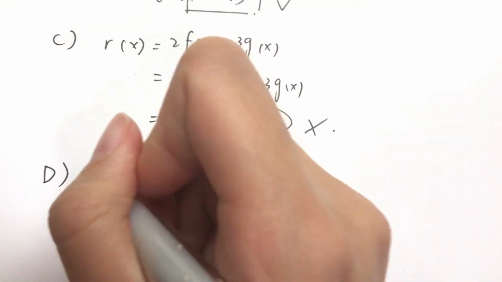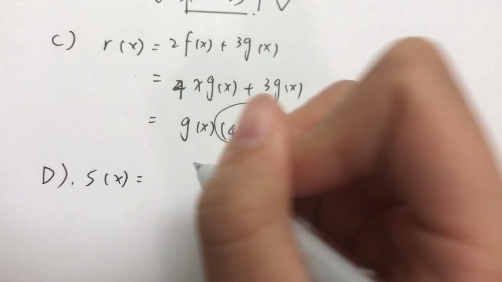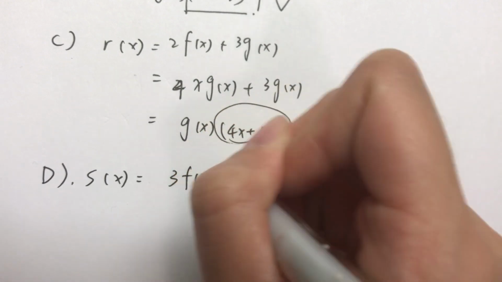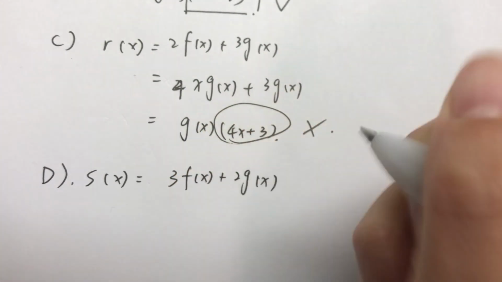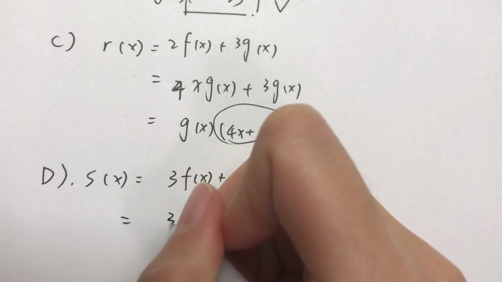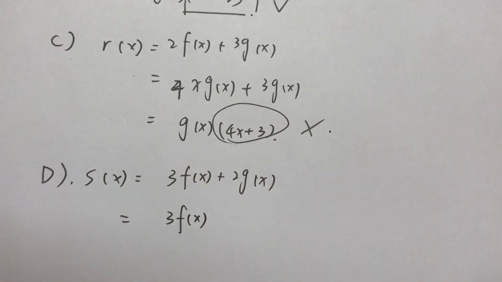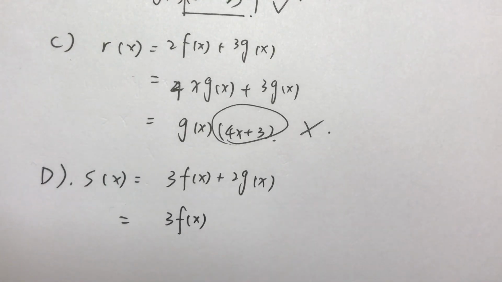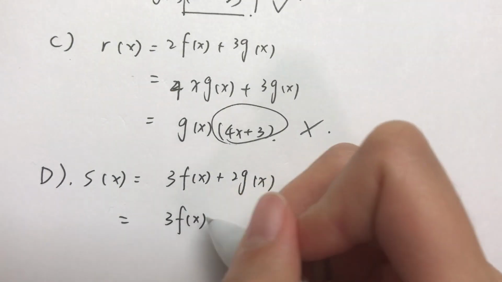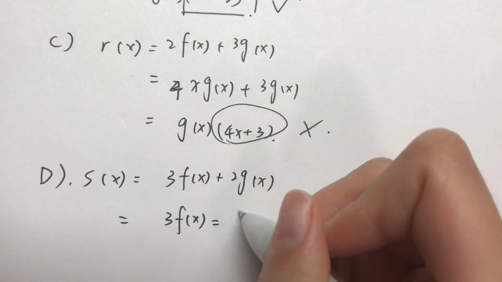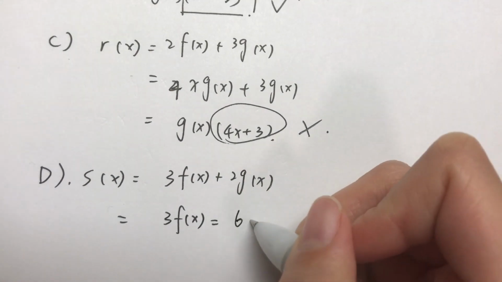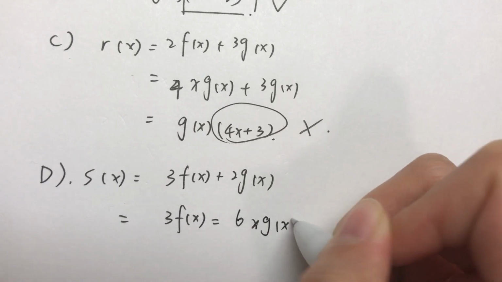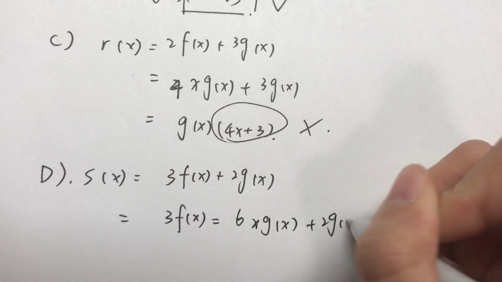For choice D, s(x) equals 3f(x) plus 2g(x), and f(x) is equal to 2x times g(x). So 3f(x) is 6x g(x) plus 2g(x).